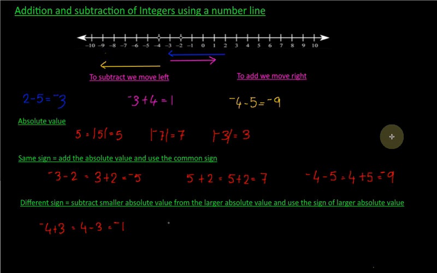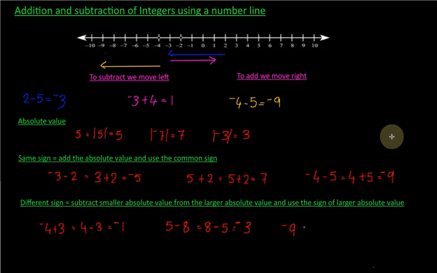Let's check another example. 5 minus 8. The larger one is 8, so the absolute value of negative 8 is 8 minus 5, which is equal to 3, and the larger value is 8 here, which is negative, so the answer will be negative 3. Let's check one more question.